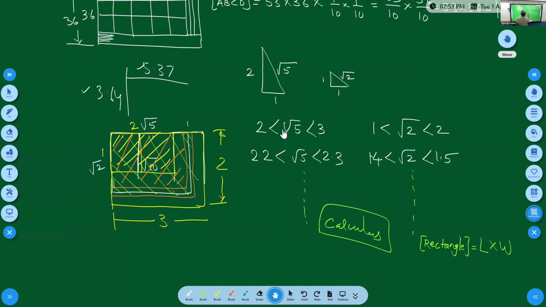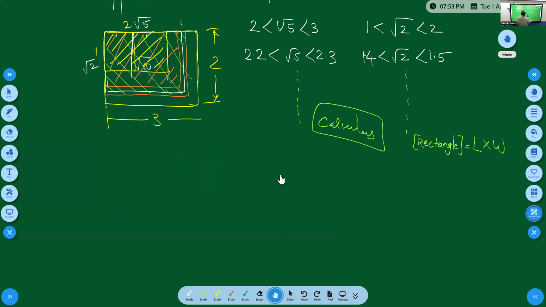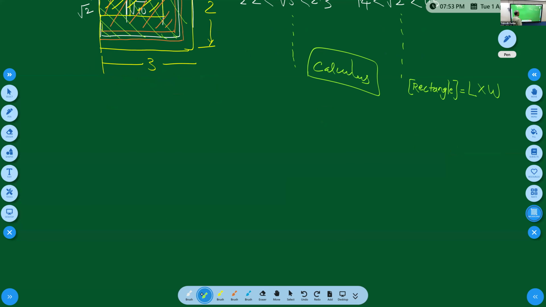Okay, so now we have the rectangle, length into width, without half base into height. So now suppose I have a triangle, or maybe before the triangle, let us have a parallelogram. I mean, we have to define the parallelogram.